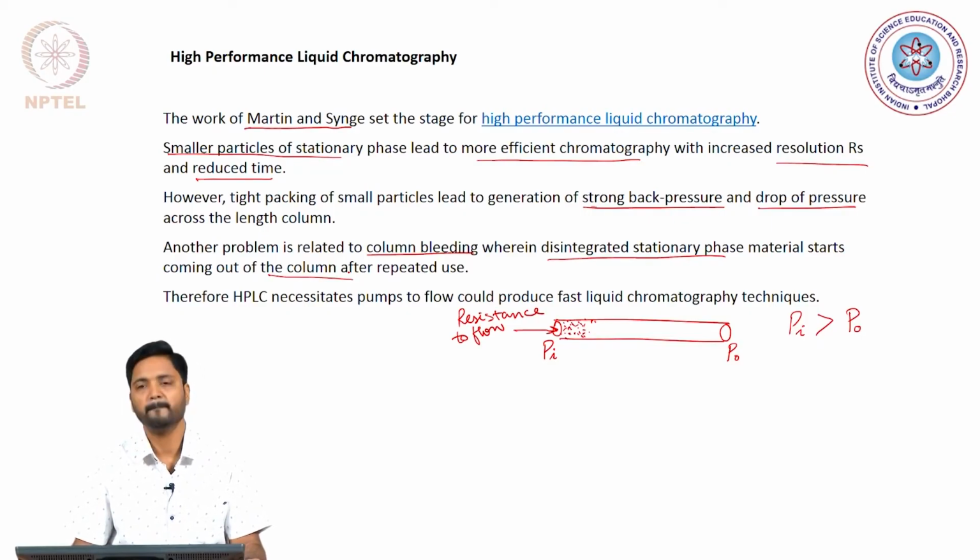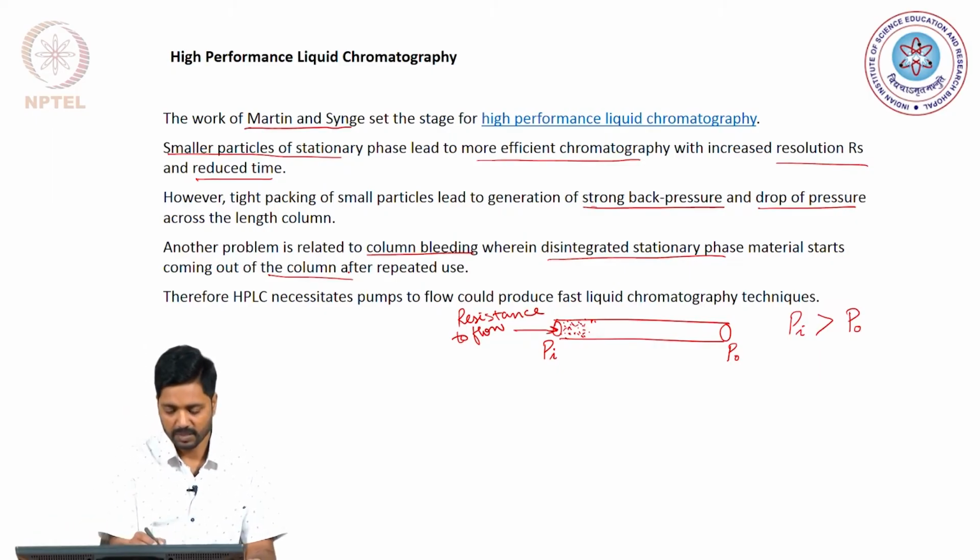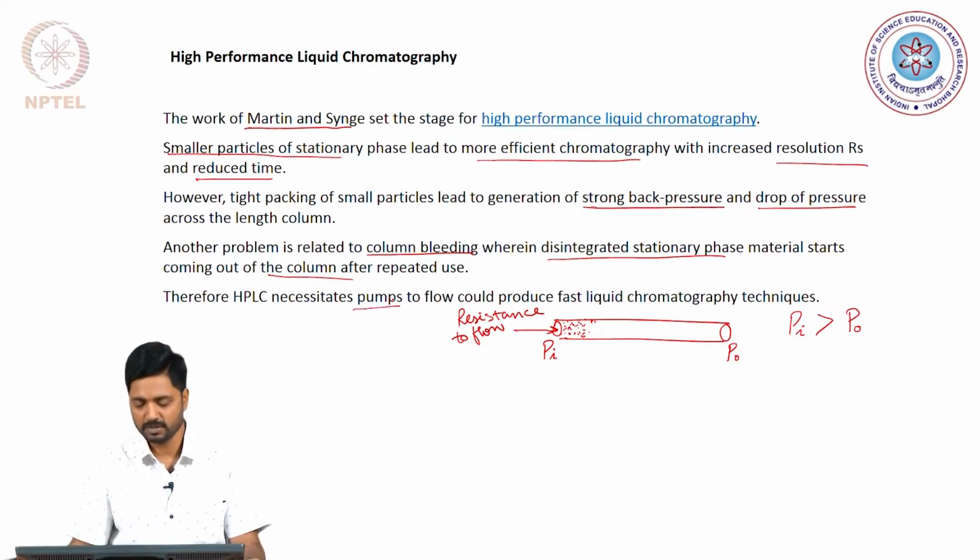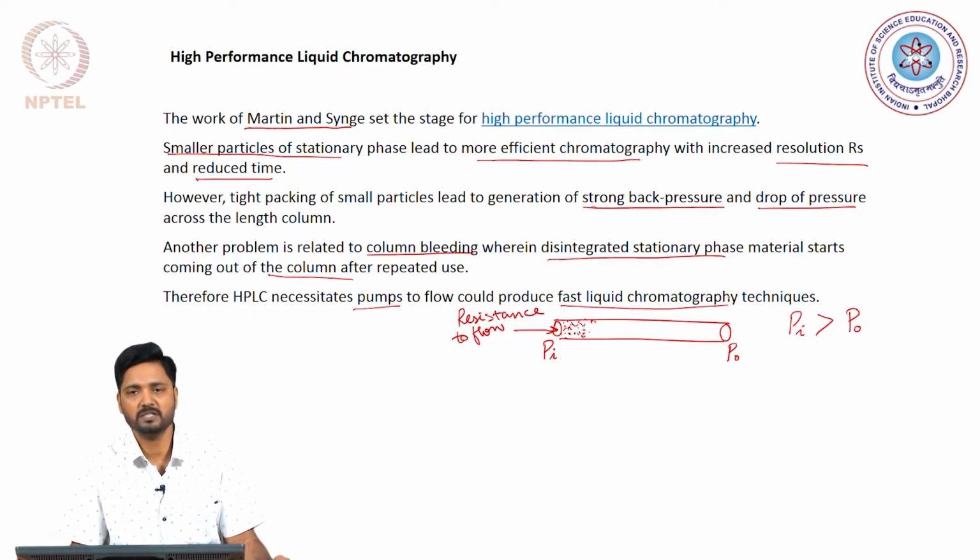So, to pump the liquid through the chromatography column, we need special pumps that will push the liquid into the chromatography column to produce the fast liquid chromatography techniques, and these pumps become the mainstay of the high performance liquid chromatography systems.